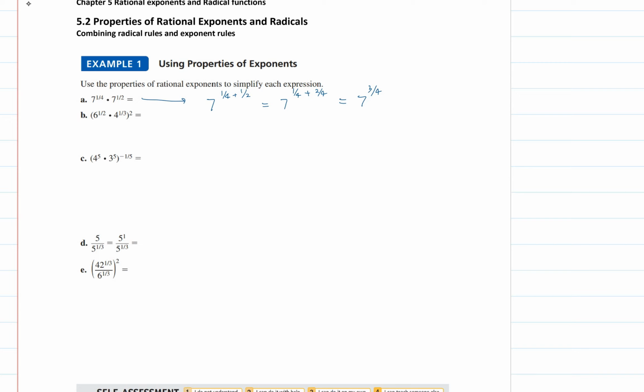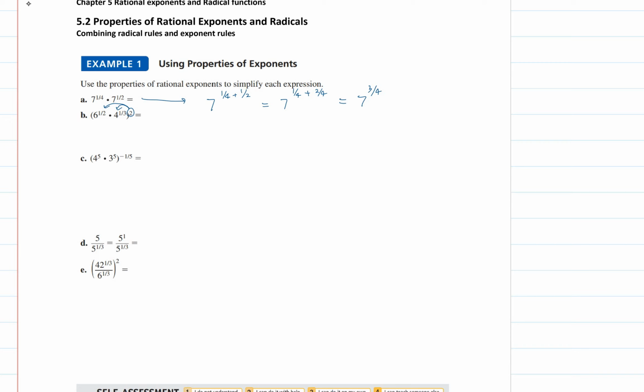In example B, this is an opportunity for me to raise a power to a power. This squared is going to be distributed to each part of the product inside the parentheses, and they already have exponents.